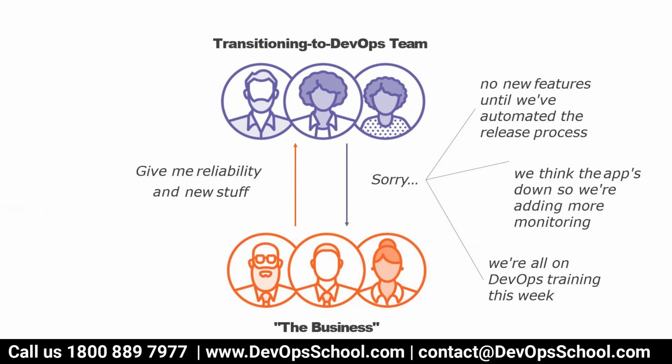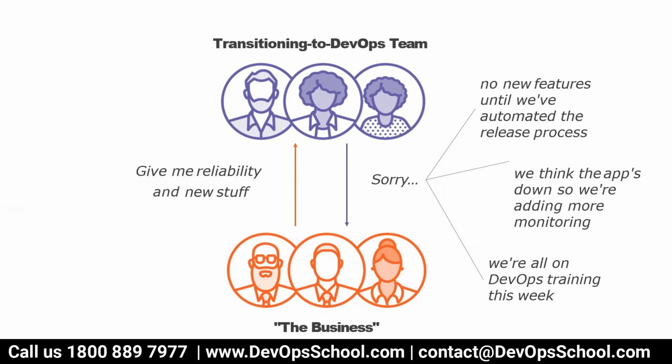Waiting time. Or we think the app's down, so we are adding more monitoring. We are all in a DevOps training this week, and many reasons. So business gets impacted because of this.